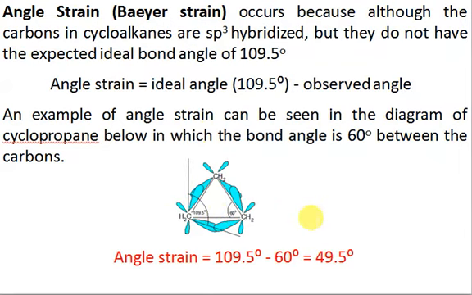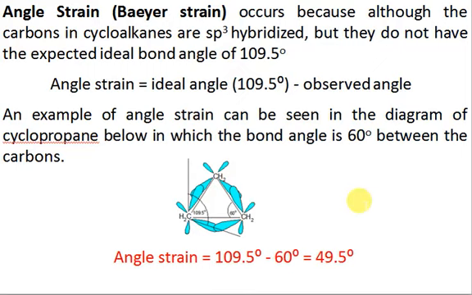That is a huge angle, indicating that cyclopropane is a highly strained system. Strain means instability. So cyclopropane is highly unstable because of this angle strain, and it has to be squeezed by 49.5 degrees in order to form this ring system.